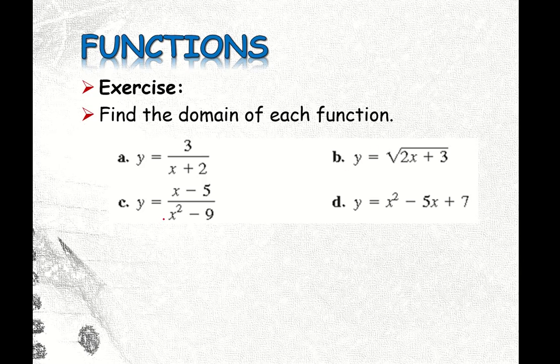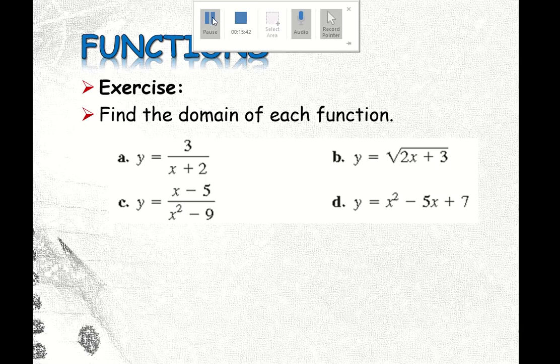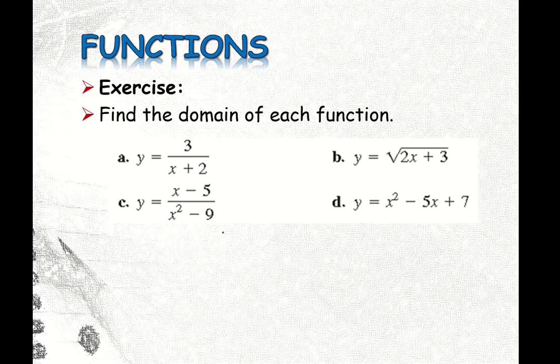Now for C, you have x minus 5 over x squared minus 9. So what's the value for x here that can make the denominator 0? Okay, so exclude that for your domain.